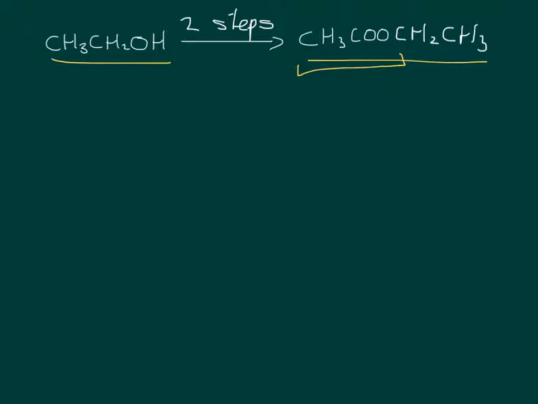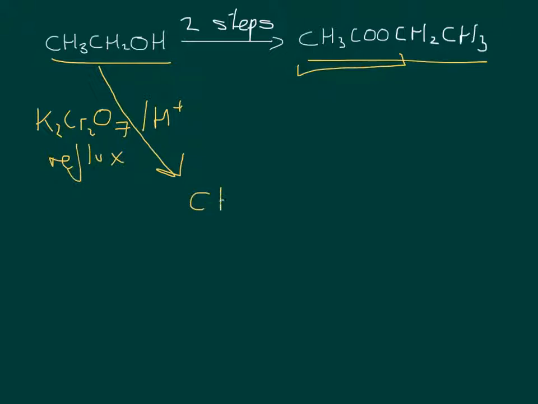Well, I need that one there, and that is going to be ethanoic acid. Now we know that if I use potassium dichromate, and it's acidified and I reflux, that would give me ethanoic acid. And then to get to my ester, I need to add in some ethanol, like so.